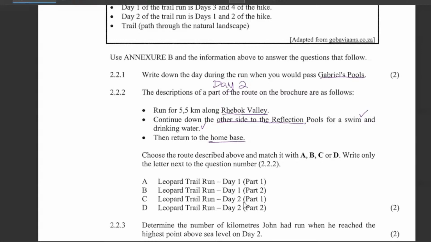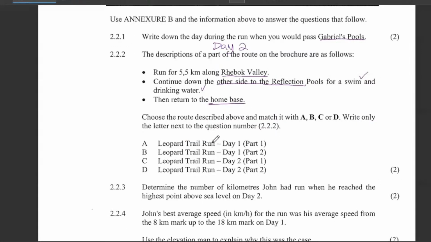So here they're asking us, choose the route described above and match it with A, B, C, or D. Write only the letter next to the question.